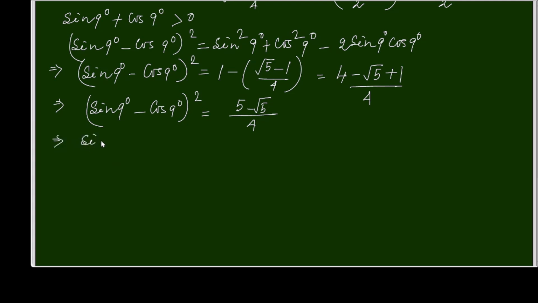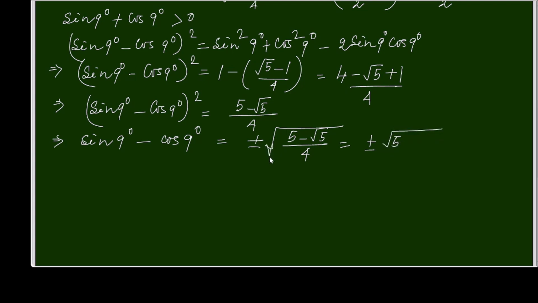Taking square root on both sides, I'll get sin 9° − cos 9° equals plus or minus √(5 − √5)/4. This will be plus or minus √(5 − √5)/2.